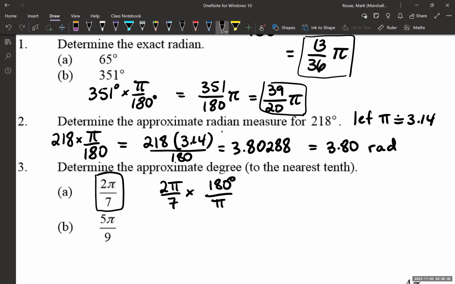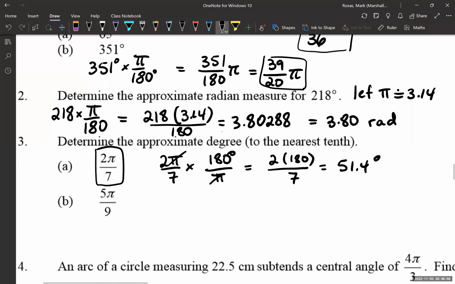The nice thing is that if everything's in terms of pi, your pi's cancel, and you get 2 times 180 over 7, which we can express as 51.4 degrees. That's 51.43, rounded to 51.4. All right, 5 pi over 9. Again, multiply this by 180 over pi. We can cancel the pi's. 180 times 5 divided by 9 equals 100.